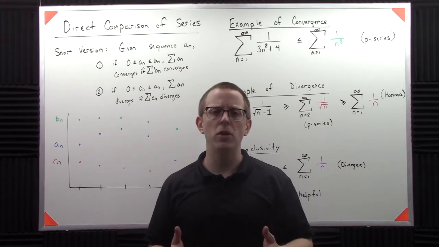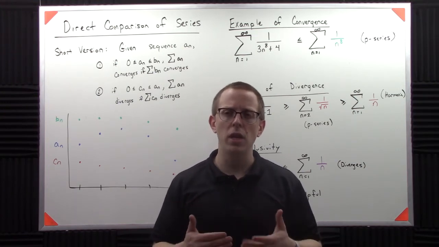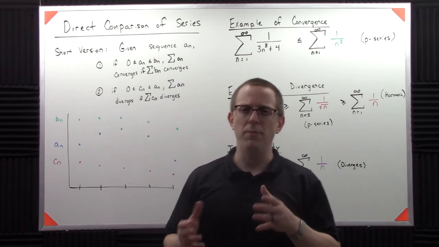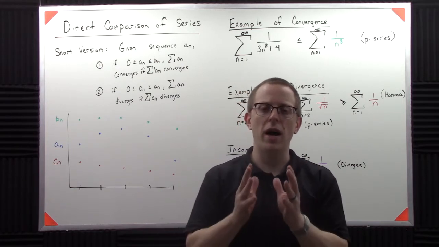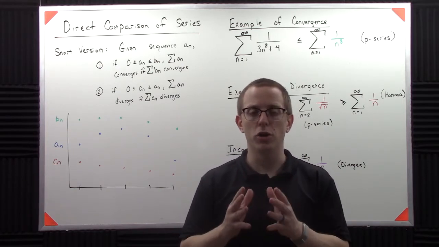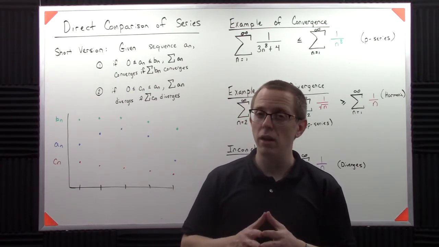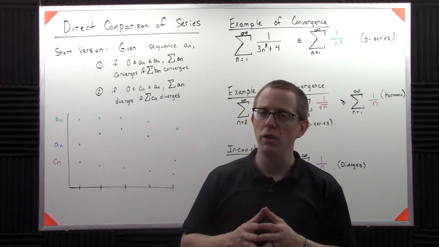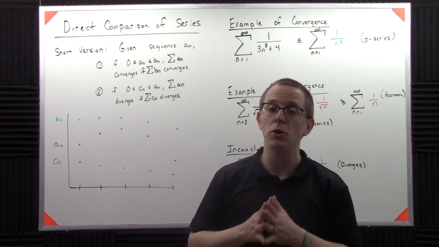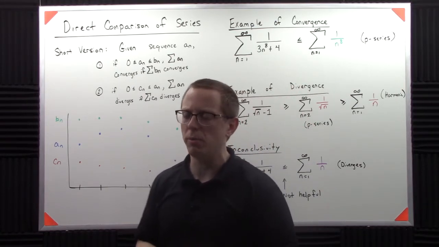However, the direct comparison test is a logically equivalent way of simplifying what you have to do to evaluate for convergence or divergence. Now it doesn't really tell you much about what it converges to, if it converges, but it does at least tell you whether it converges, and sometimes that's all that matters.